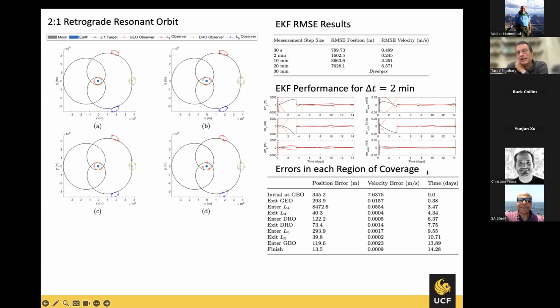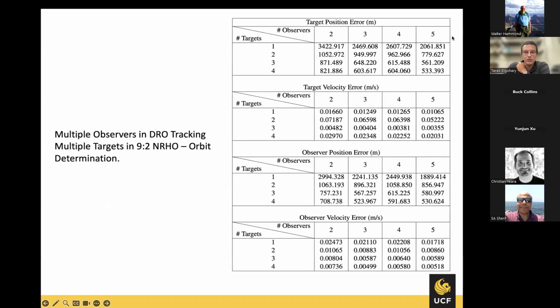What I'm trying to show here is how well that measurement model can bring down the error very quickly versus the current state of the art. All right, and this is the case where we did everything.